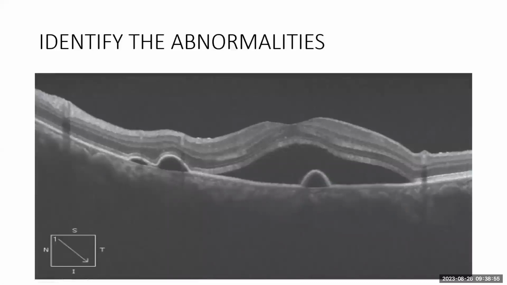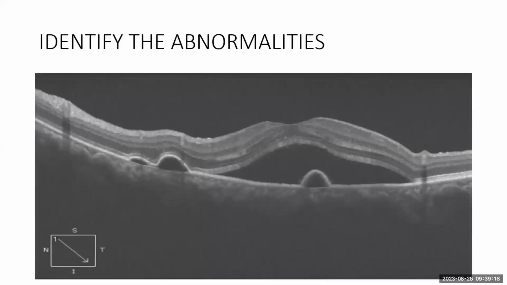Now, there are a host of abnormalities in this scan. We've moved from the intraretinal, the neurosensory retina, to the outer retinal area now. There are other things that could happen in the neurosensory retina. There could be accumulations of fluid, accumulations of exudates, and all, okay?